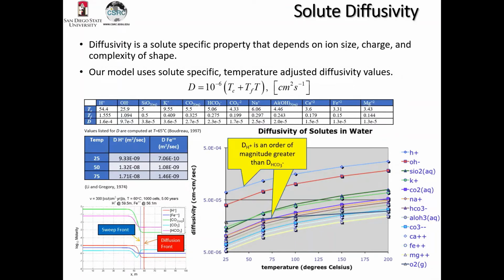One thing you can see from this plot that I created is that the diffusivity of hydronium ion is an order of magnitude greater than that of bicarbonate. Here's hydronium, H+, we'll say, and it's much greater than bicarbonate.